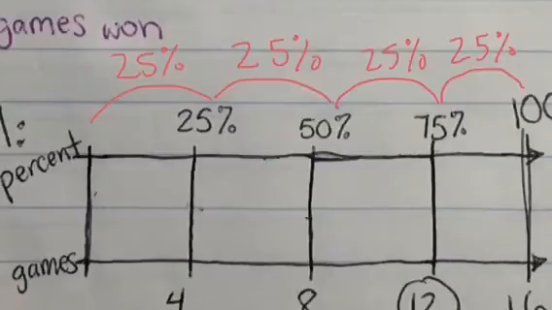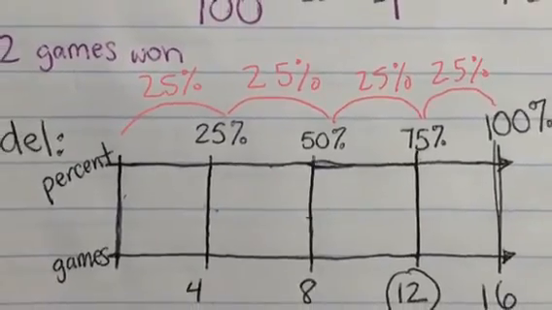So each one of these sections that we see here is worth 25%. And we see 1, 2, 3, 4 sections. So in order to figure out what goes down here along the bottom, we need to split 16 into 4 sections.